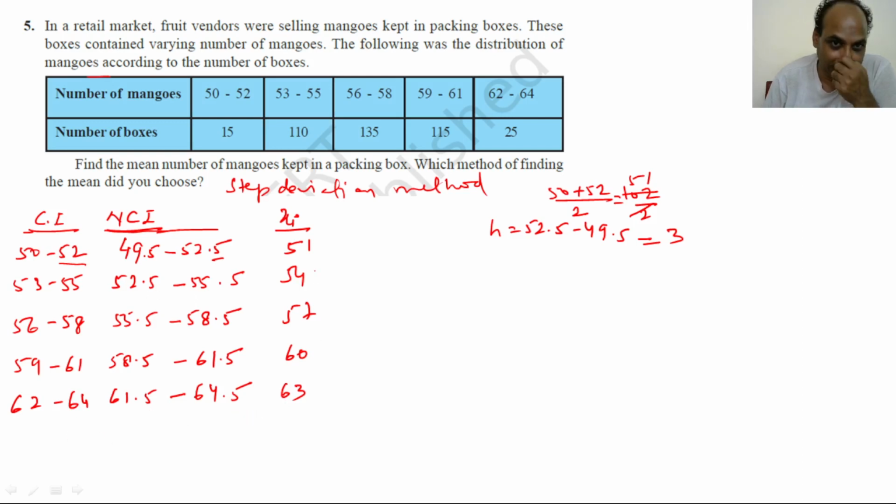See, that division has to be done only once, and after that only the class size has to be added. You will get it. Okay, xi we have found. Now we are going on, let us erase it.